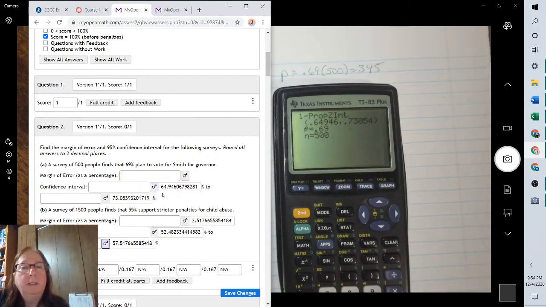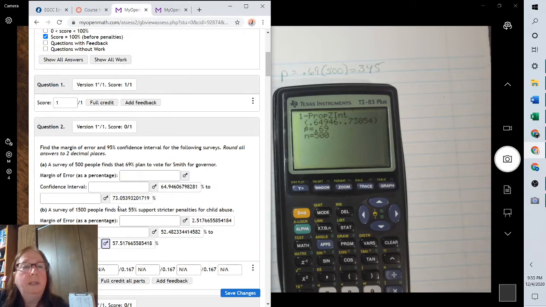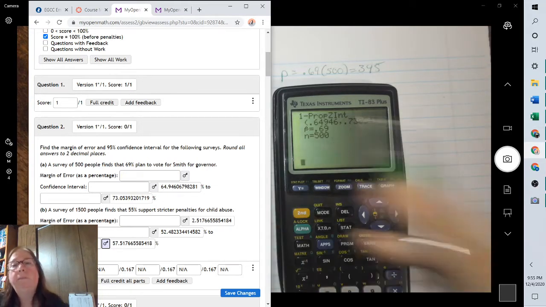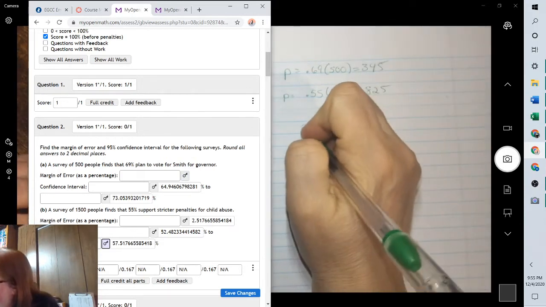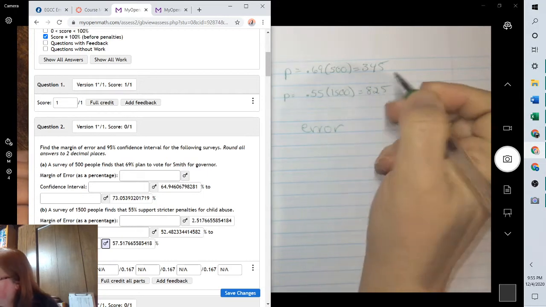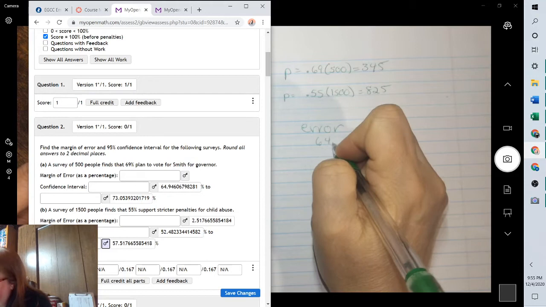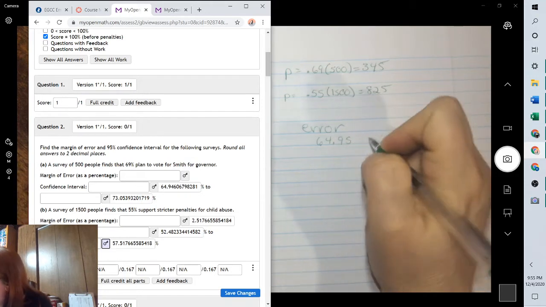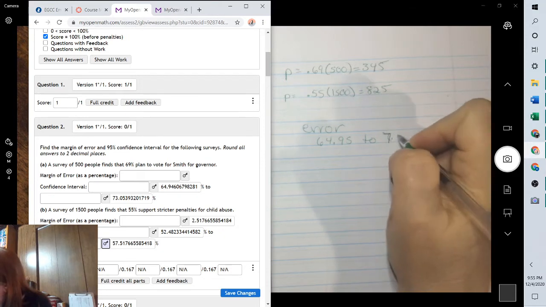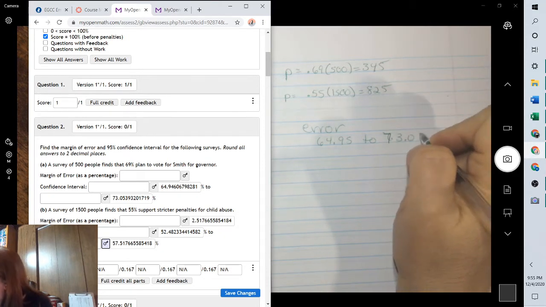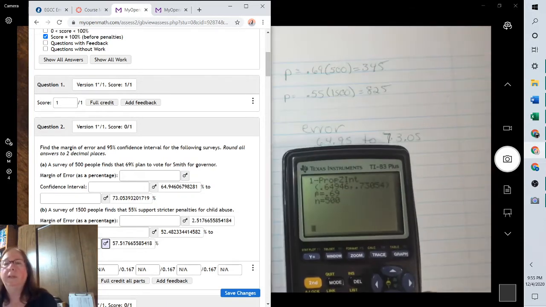And so 64.95 and the 73. Now for the error, it's how far in the middle. So this was 64.95 to 73.05, because it said to round to 2 decimal places, but it was from there to there.